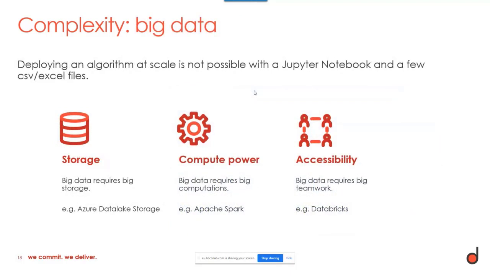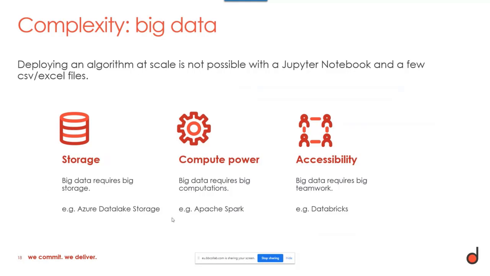The next complexity is big data, because deploying an algorithm at scale is not possible with a Jupyter notebook and a few CSV or Excel files. We need to collect all the data, with history going back to 2010, and we need to store it. For this, we use Azure Data Lake storage.